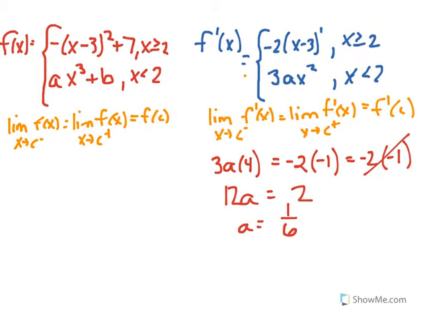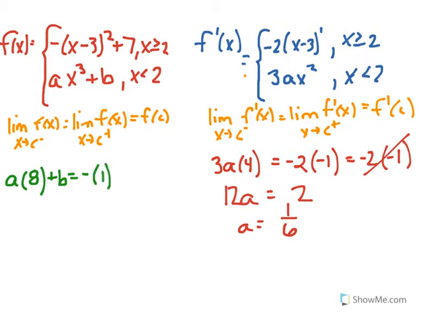Now I'm going to come over here and set the function so that it is continuous. And I'll fill in my numbers. I'm filling in 2. First I'm filling it into the bottom. So this becomes a times 2 cubed. 2 times 2 times 2, which is 8, plus b equals negative 2 minus 3 is negative 1 squared is 1.